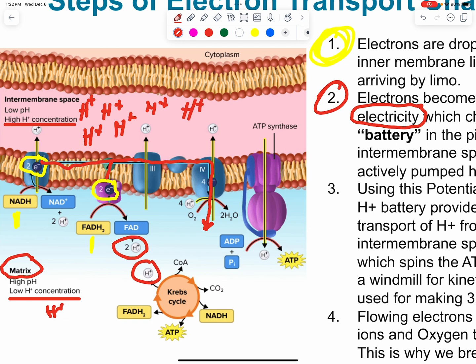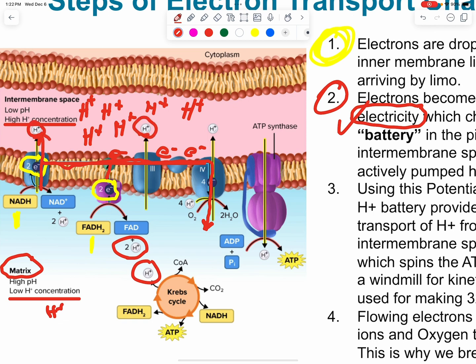But the electricity flowing here in stage 2, this flow of electrons in this direction, these electrons are electricity. It is going to provide the power to actively pump hydrogens from this space up into the inner membrane space. So that's what you see right here.